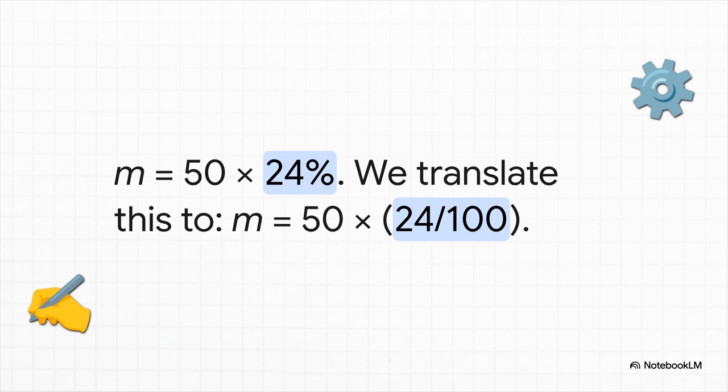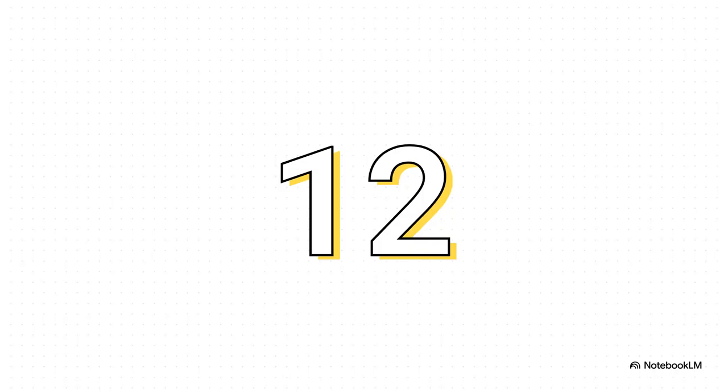And how do we write 24% in a way we can actually calculate? You got it, we use our secret key. We translate it to 24 divided by 100. And when you run the numbers, 50 times 24 over 100, you get 12. That's it. 24% of 50 is 12. See? No guesswork, no magic, just simple translation.